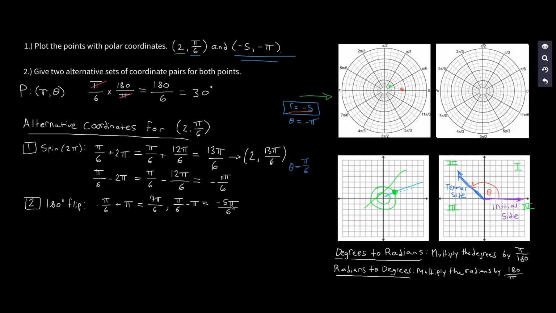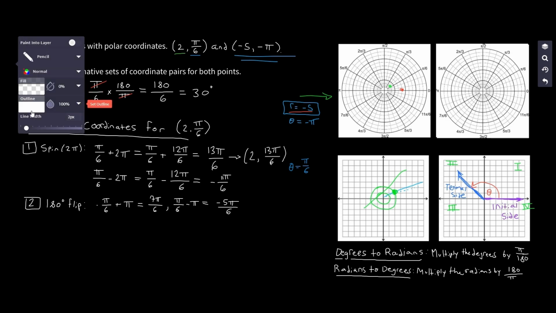And then we can walk backwards from this and change the sign of the direction. So what we're doing is, for example, if we're adding pi to pi over 6, we're looking at the green point right now.